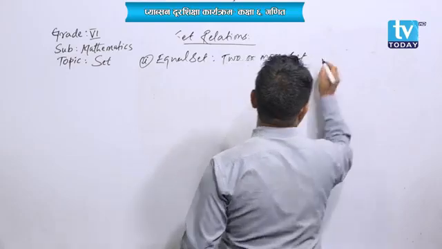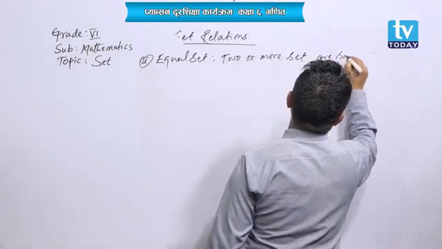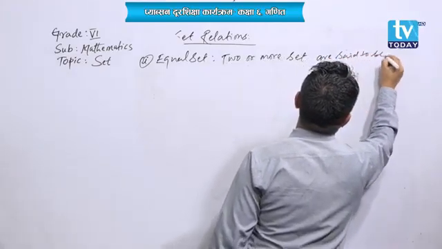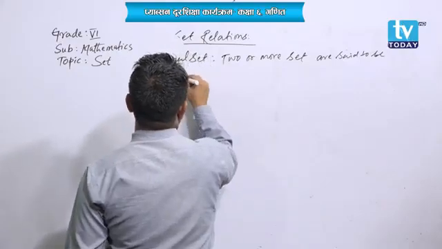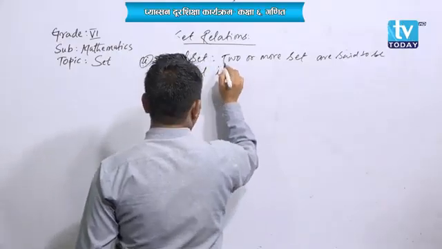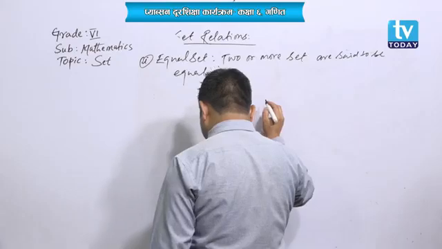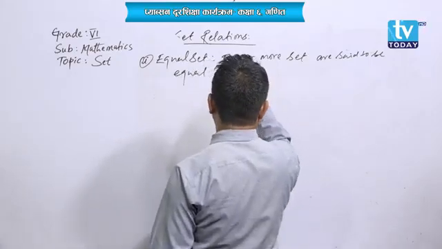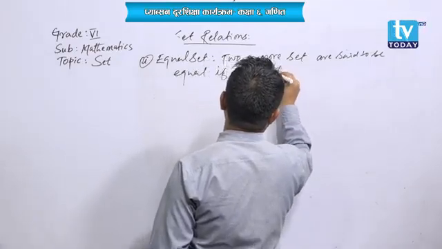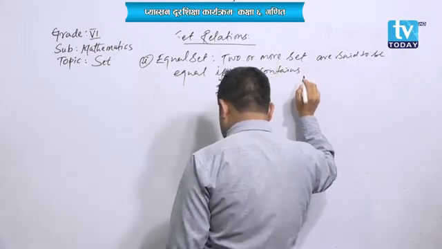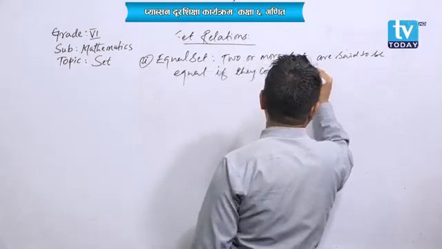Two or more sets are said to be equal if they contain exactly the same elements.